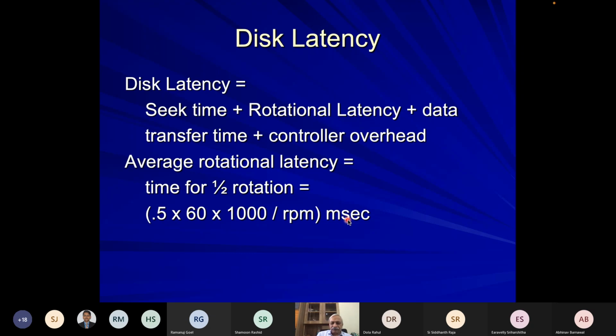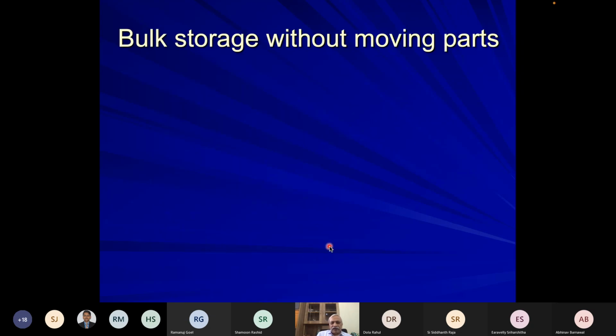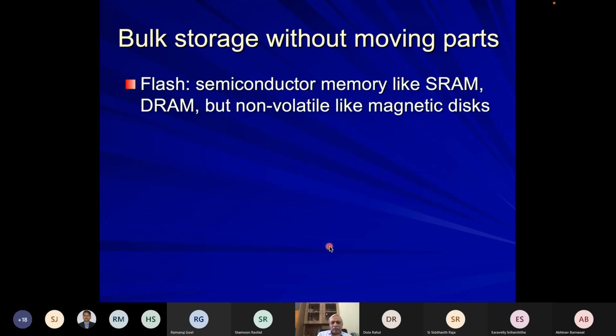And half is for half rotation. The data transfer rate could typically be of the order of a few tens or hundreds of megabytes per second. And then there is seek time, which is again in terms of milliseconds.